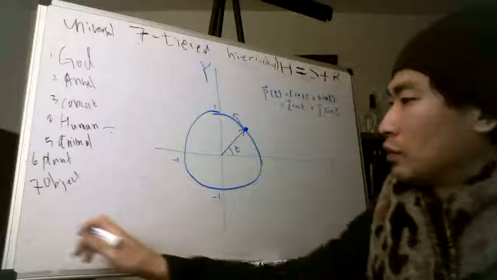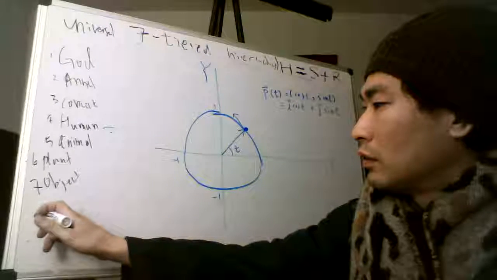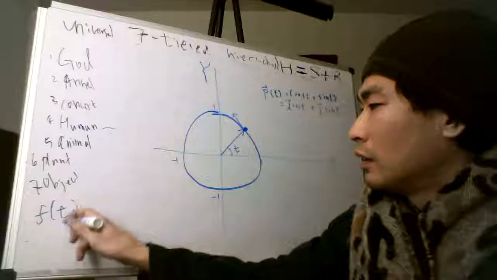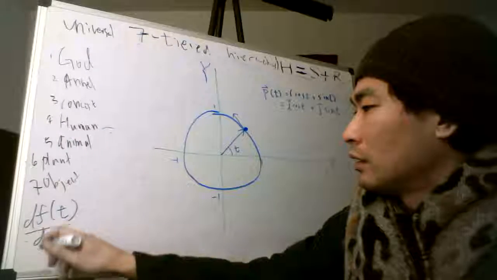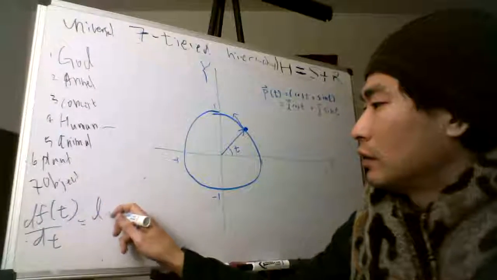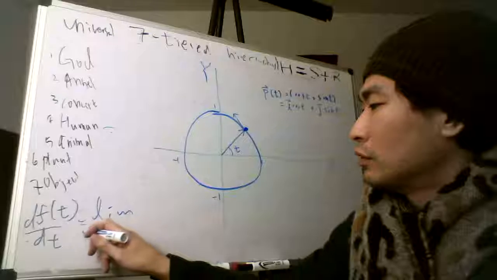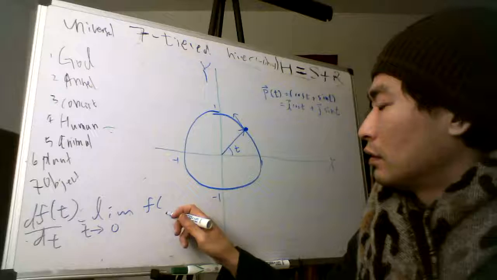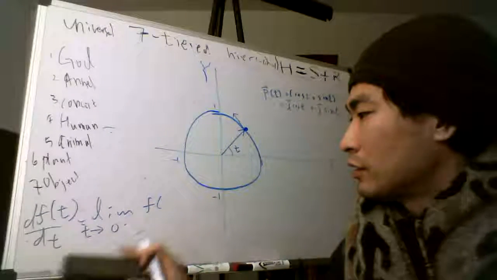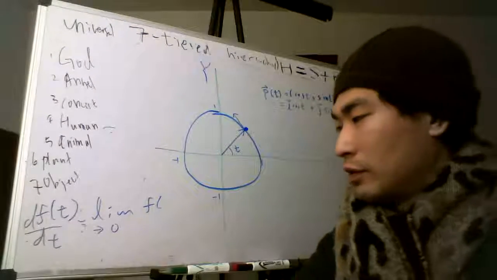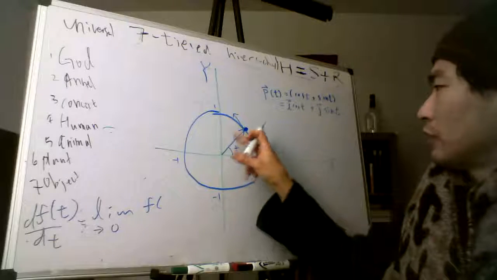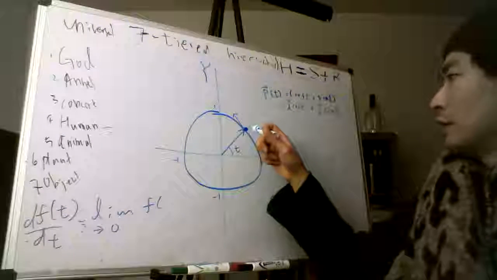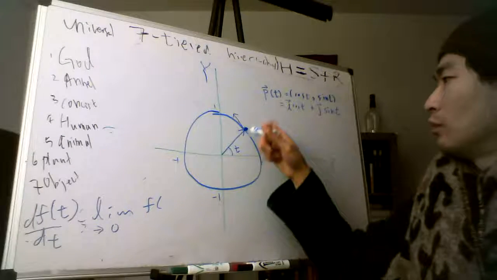Okay, it goes like this. So what is f'(t), df dt? It is equal to the limit as h goes to 0, not time goes to 0, because time can be time 1 and then time 2, but you want to find your velocity at time 1.